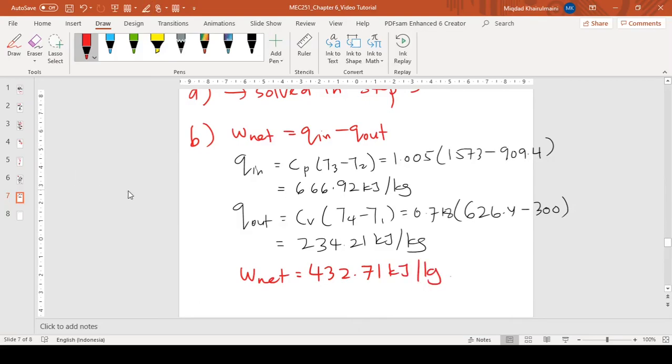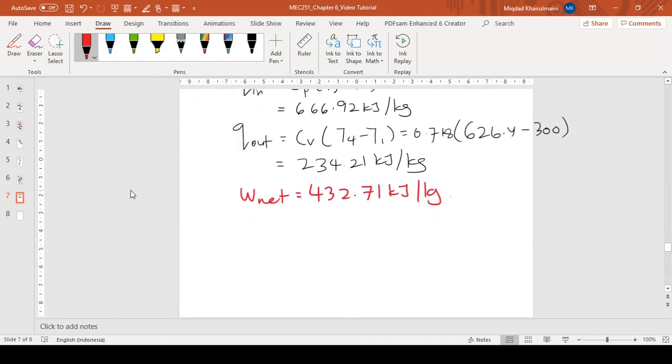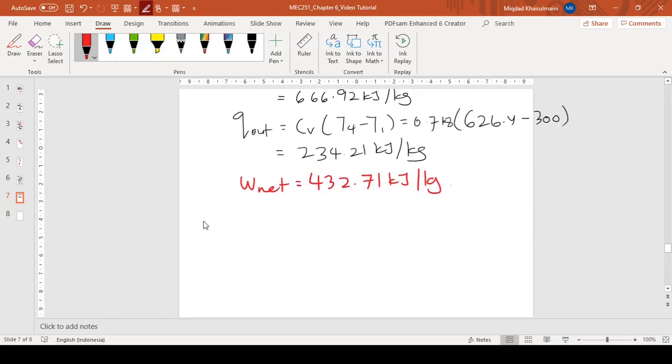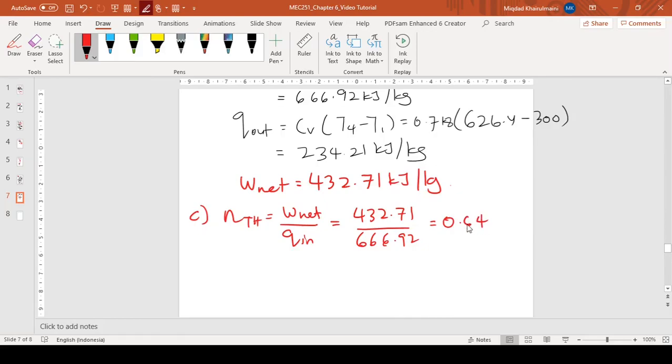For C, which was to calculate the thermal efficiency, it is the net work produced divided by the heat added, so 432.71 divided by 666.92, which gives us around 0.649, which is 64.9%.